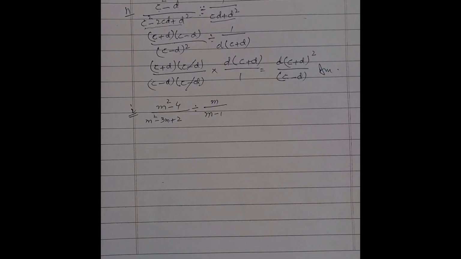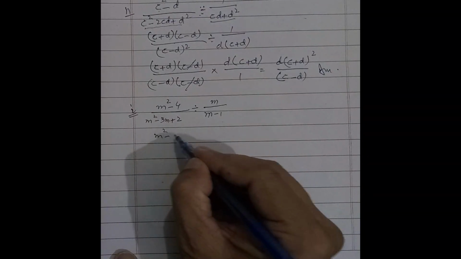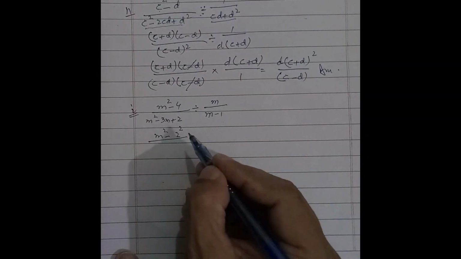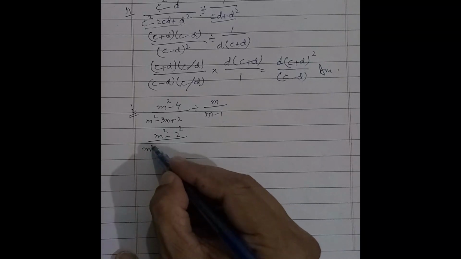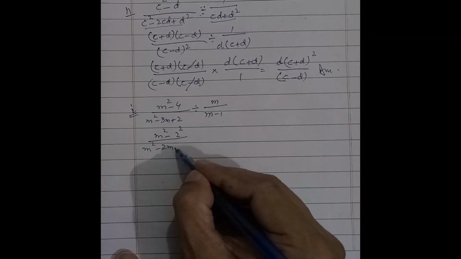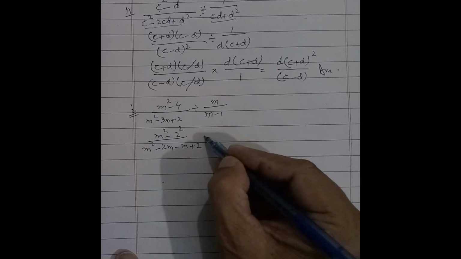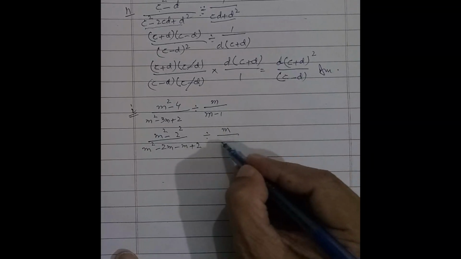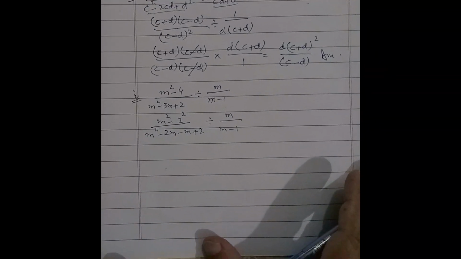So first we factorize the values, which is m² minus 4, that is m² minus 2², over, factorize these values, it is m² minus 2m minus m plus 2, divided by m over m minus 1.